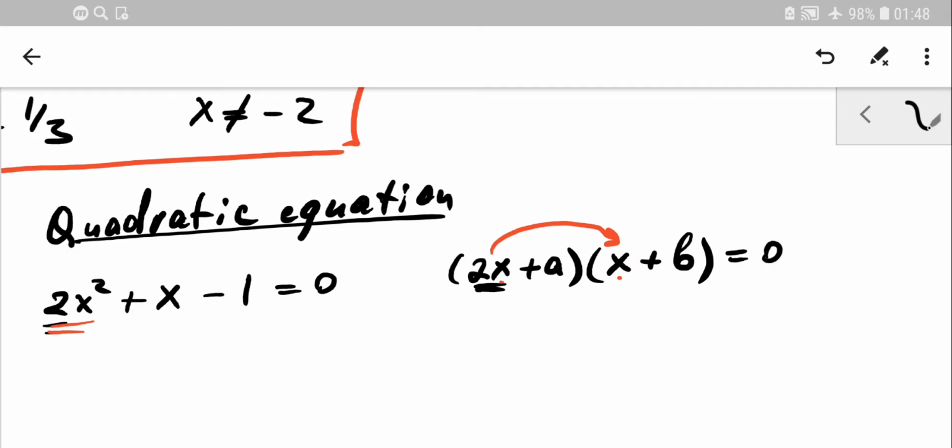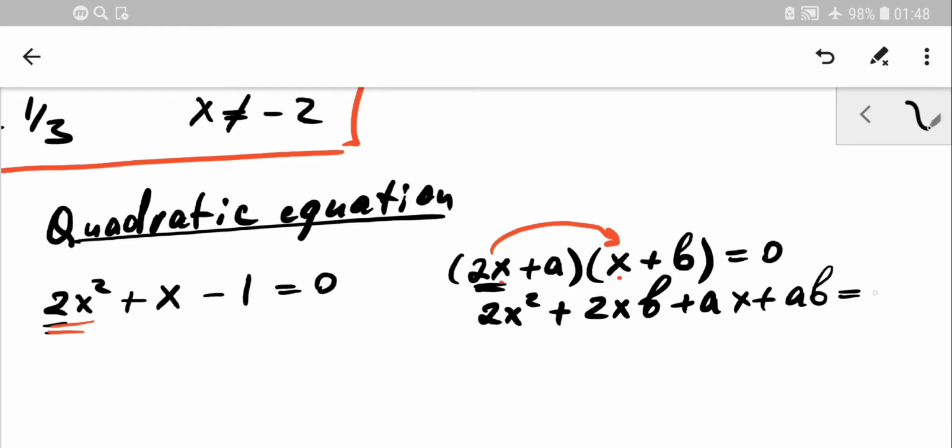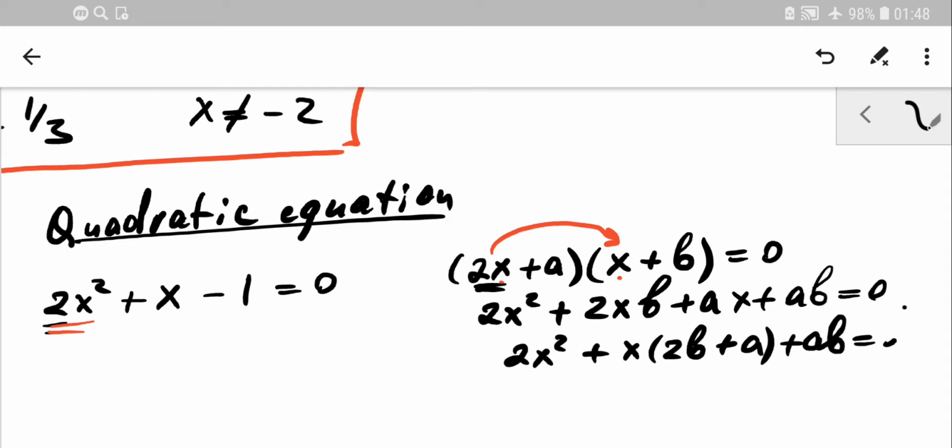Okay, so now just simply expand it, and I'll use the comparison method here. So 2x squared plus 2xb plus ax and plus ab equals 0. From where I can simplify even more and say that I'll get x times 2b plus a, and plus ab in the end.